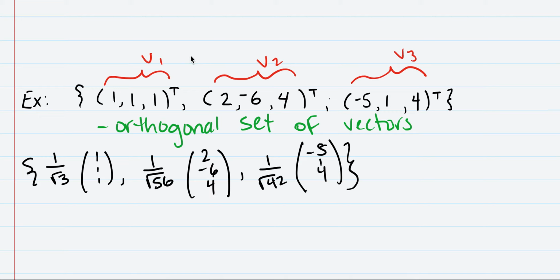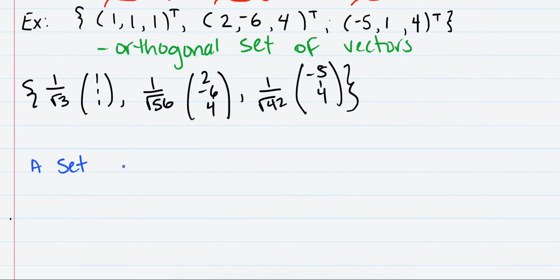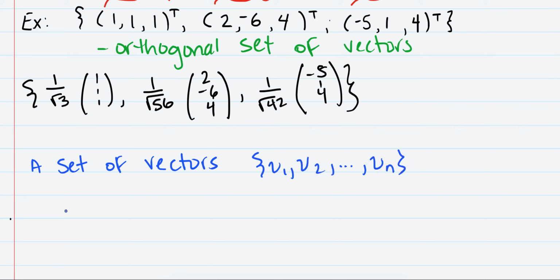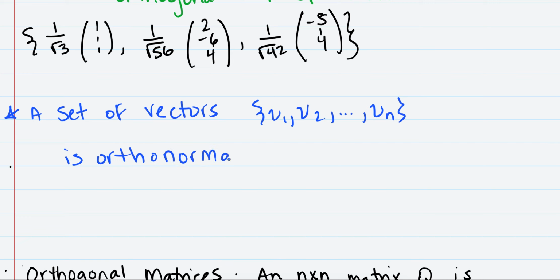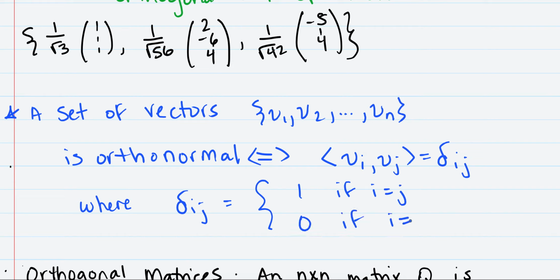So something to note is that a set of vectors V1, V2 to Vn is orthonormal if and only if the inner product of Vi with Vj is delta ij, where delta ij is 1 if i is equal to j, and 0 if i is not equal to j.